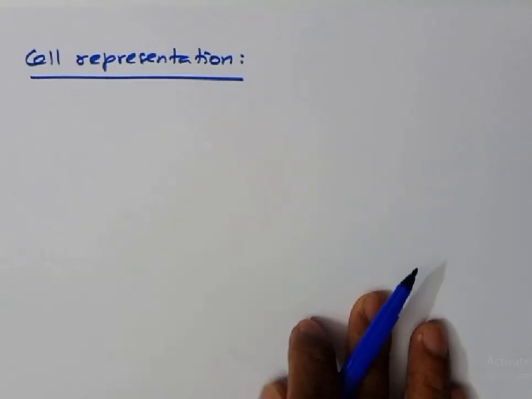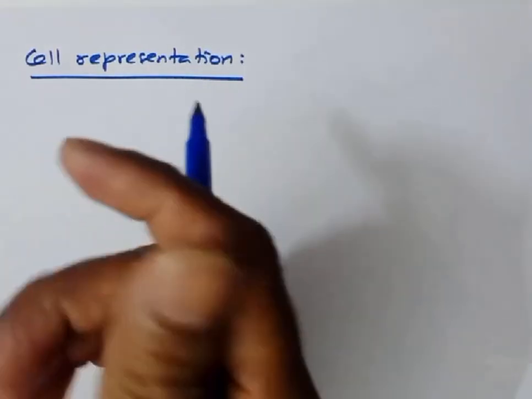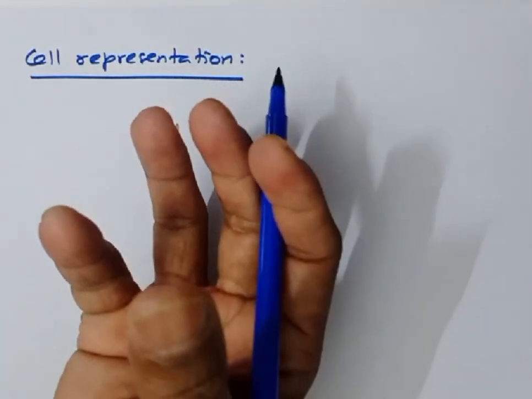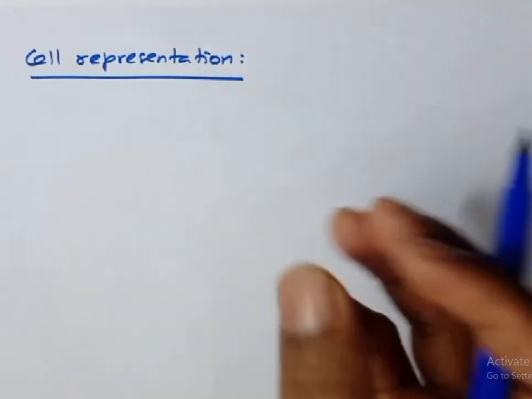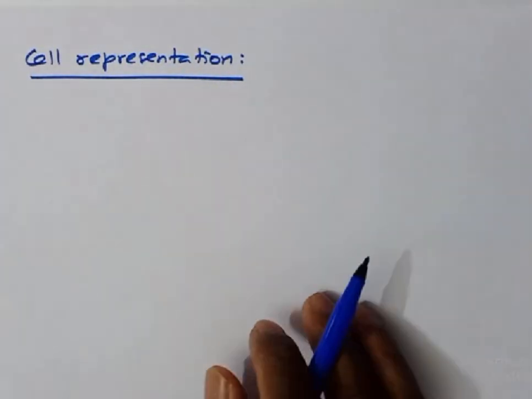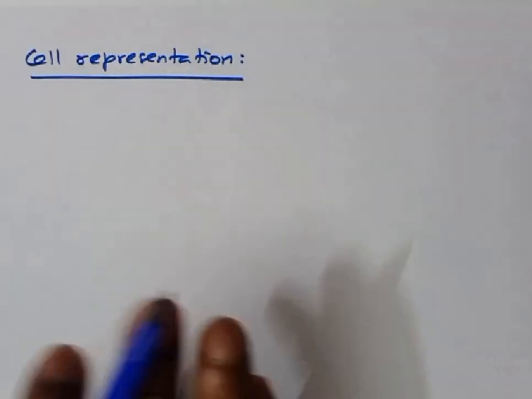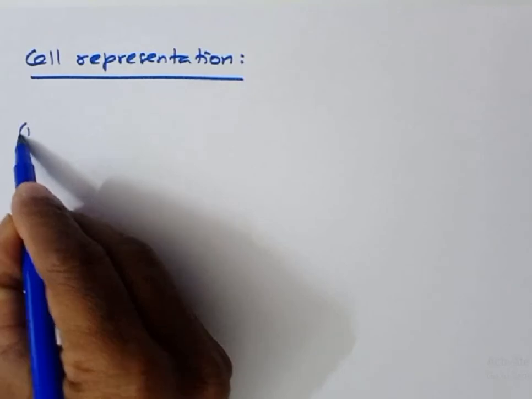We can't draw the cell like take one vessel and put one electrode, take another vessel, take electrolyte. We cannot draw every time like that. We have a shortcut method to represent a cell. What is the shortcut method? The shortcut method is this.